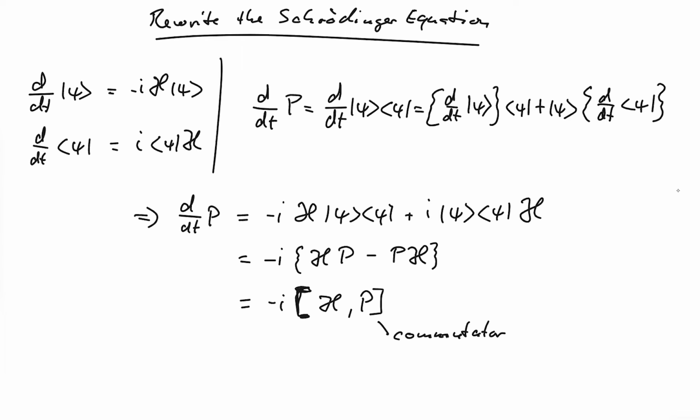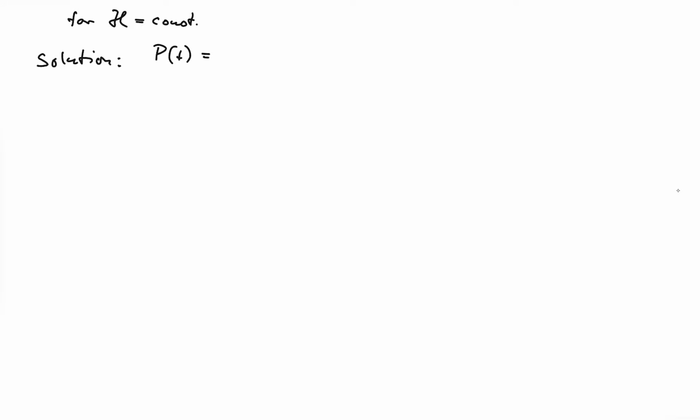So again, we look at the easiest case, which is that for the Hamiltonian being piecewise constant, we find a solution which is P of t equals e to the minus iHt times P0 times e to the iHt.